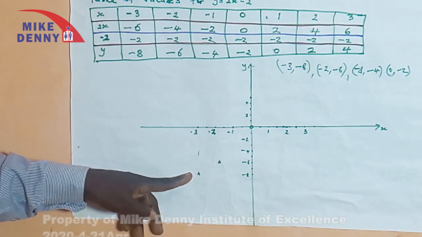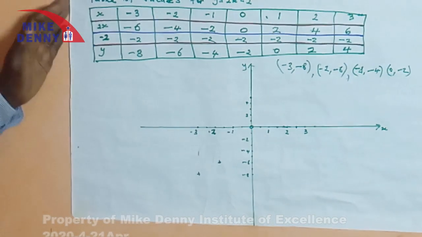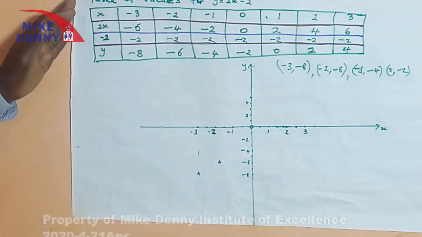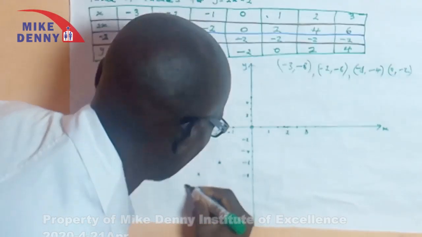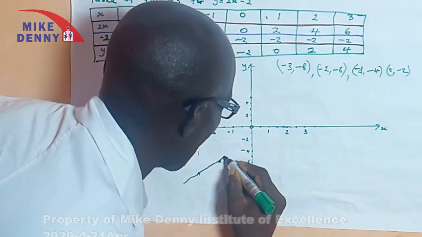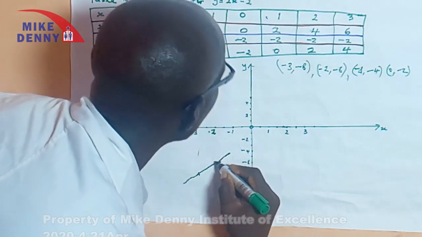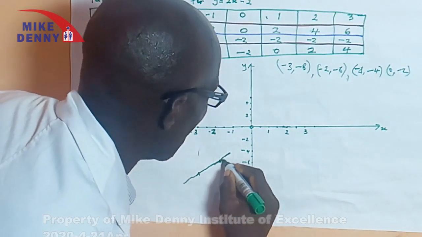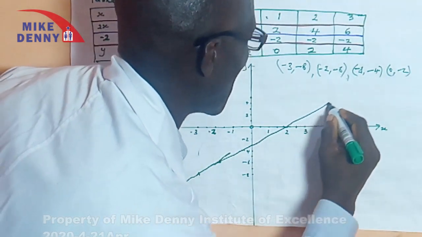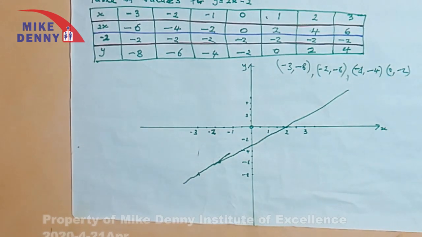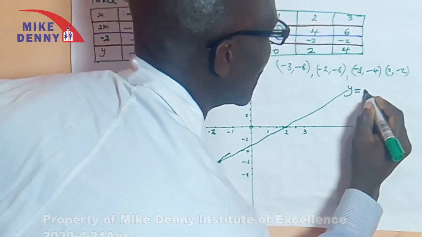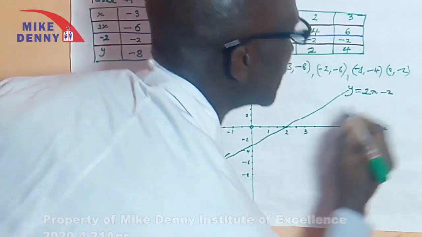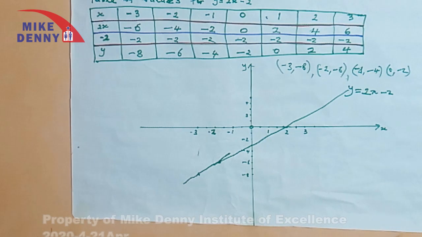You cannot do it here because the graph here will not be very perfect, but you will have a line running across, like that. And you will name it. You give the name of the relation to that graph. And we have ended what we are supposed to do this morning.